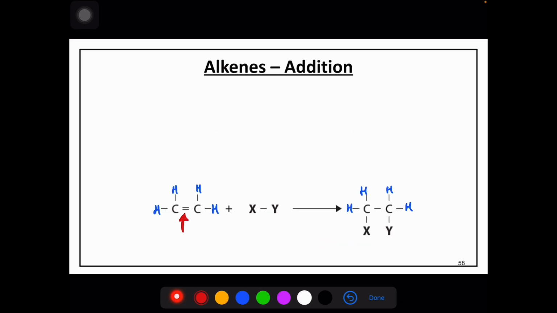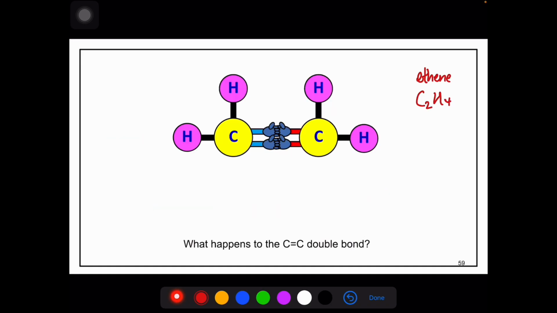If I run through this again, the alkene breaks one line of the double bond. The new molecules add on separately, one to each of the carbons. If you look at it together, each of the carbons still has 4 bonds.